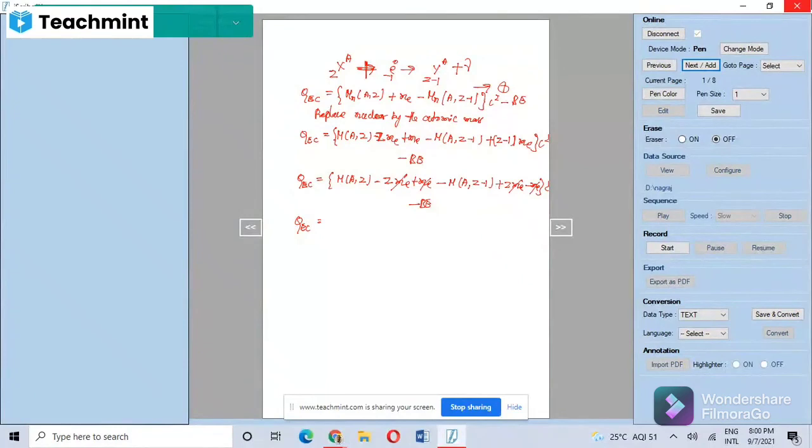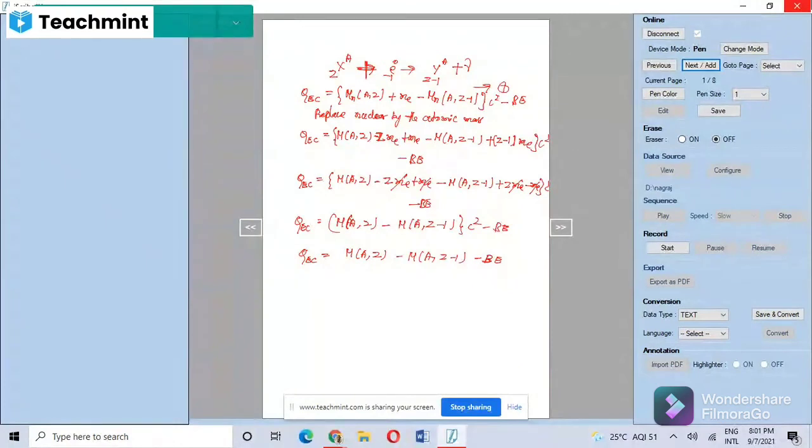So therefore QEC is equal to M of A comma Z minus M of A comma Z minus 1 into c square minus the binding energy, or if you convert this mass into energy, this c square can be ignored. Therefore, the energy in the electron capture is equal to M of A comma Z minus M of A comma Z minus 1 minus the binding energy.